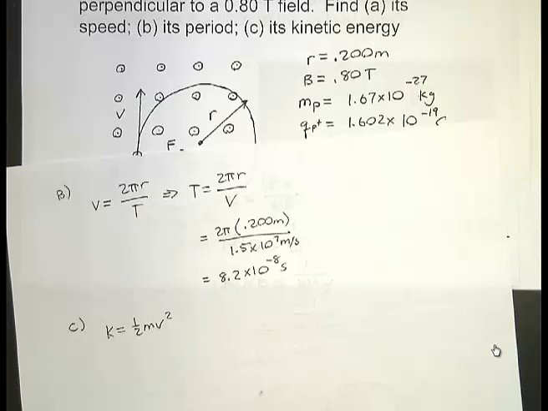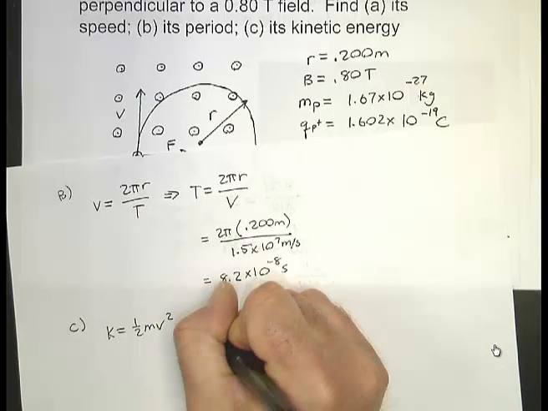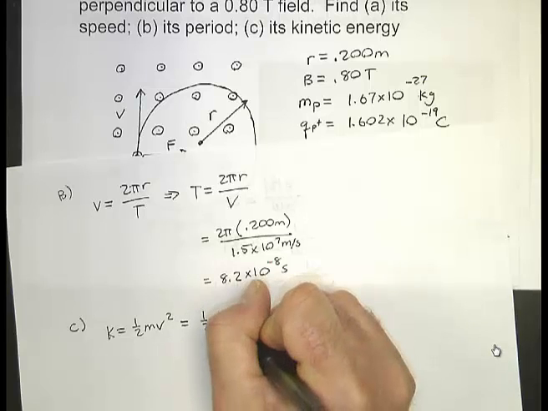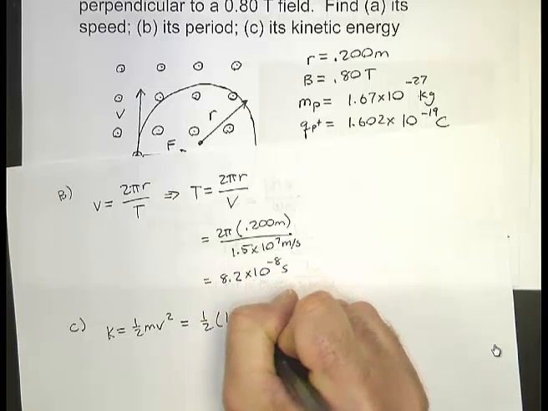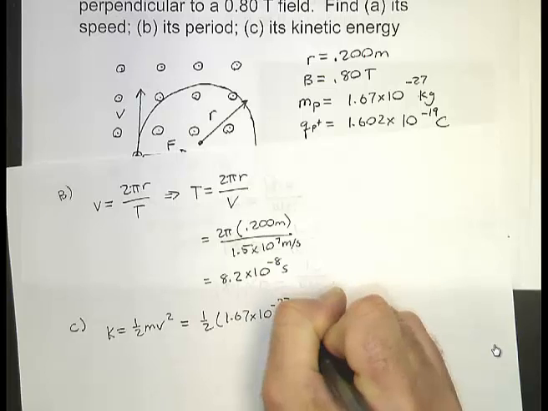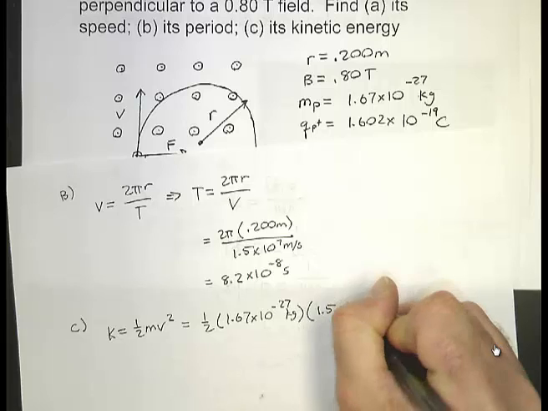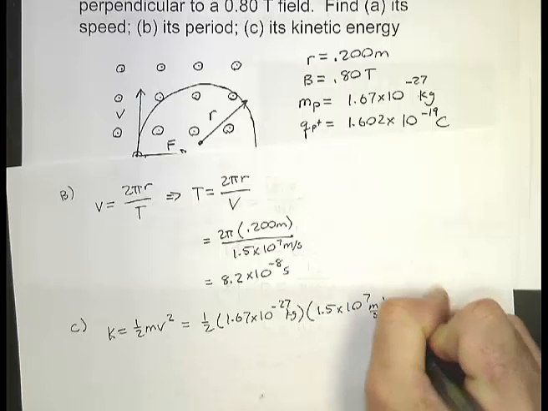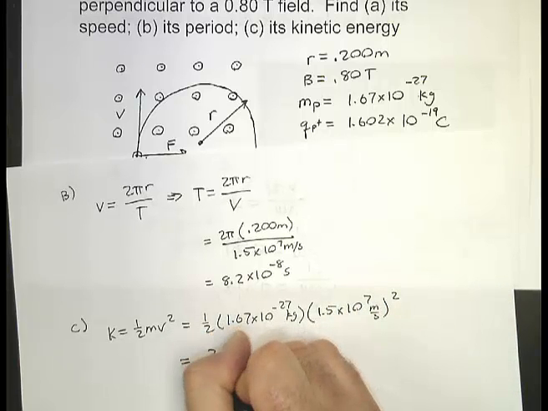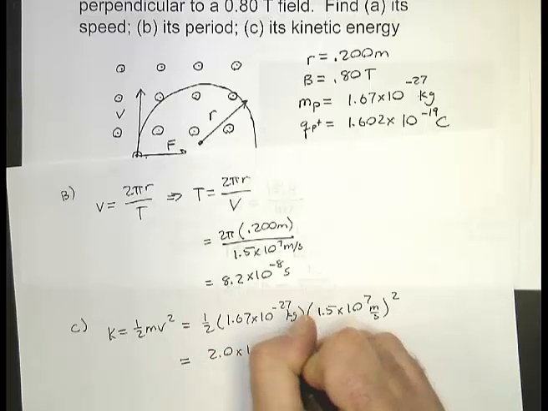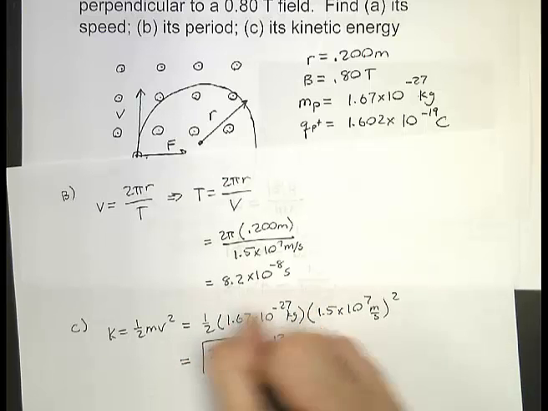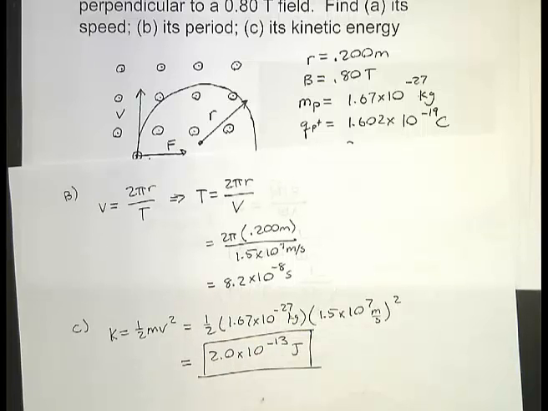So one way of finding the kinetic energy is to just take the bulldog approach, put the mass in, put that velocity in that we calculated from before, and have at it. All right, so even though this thing is moving some good fraction of the speed of light, its kinetic energy is really small. Why? Its mass is tiny. It's a little tiny proton.